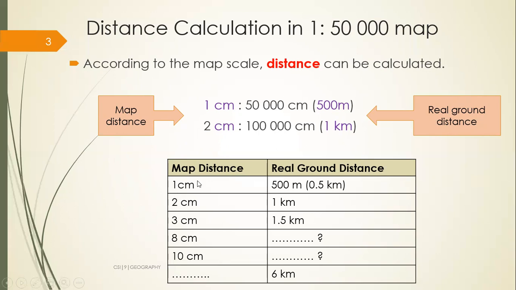Right, then with the theory of it, let's go to calculations. 1 centimeter will show you 500 meters of the real ground. Then 2 centimeters will show you 1 kilometer. 3 centimeters will show you 1.5 kilometers.